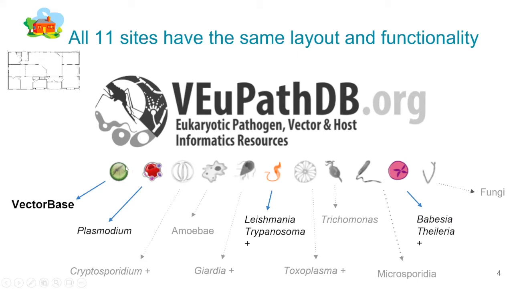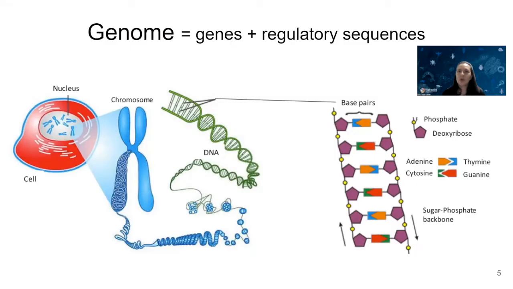And VectorBase is just one of those 11 component sites. So if you learn how to use VectorBase, or the core central ViewPath site, you already know how to use all of them.